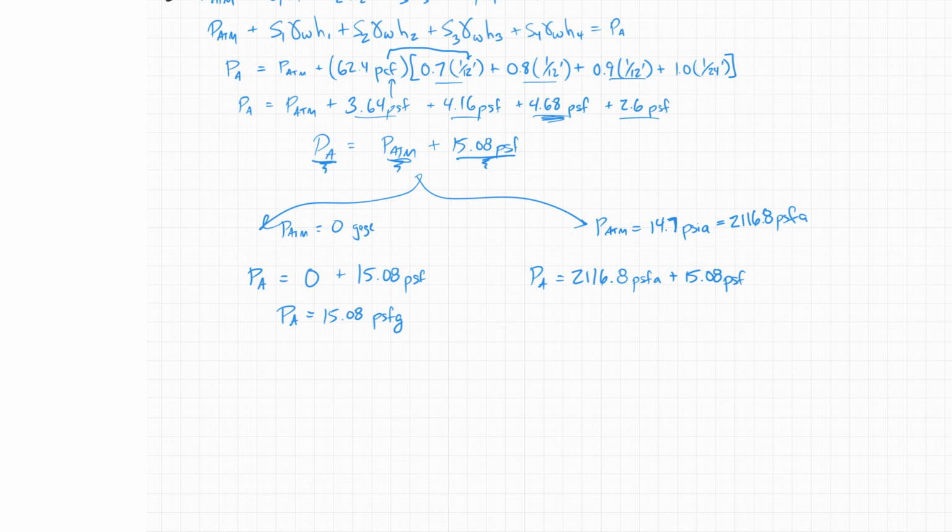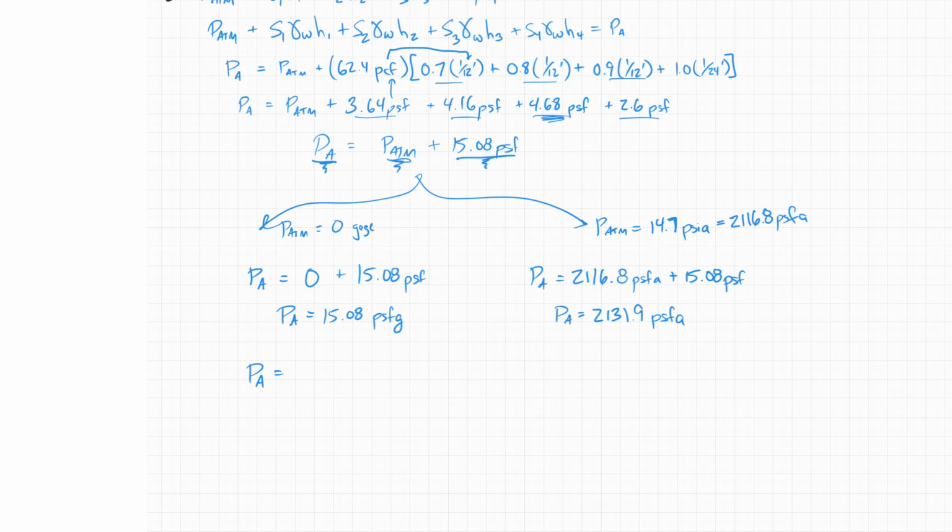And so we're going to get PA equals 2131.9 PSF absolute, and that's typically how we write this. We're not done, because I want you to keep at least 5 significant digits throughout your calculations, but I want you to report the answer for PA with only 3.